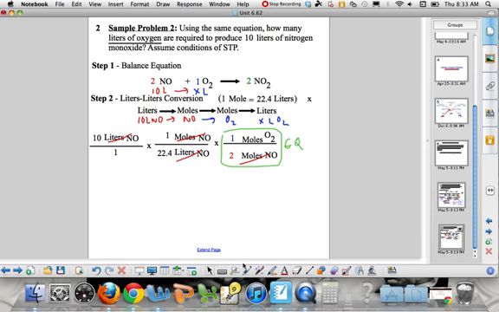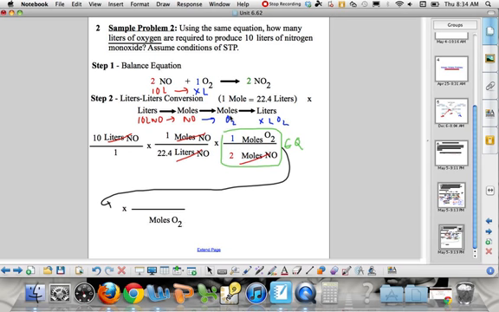I have to keep going. I have to do one more step. So we take this down to the next level and do our final step. I'm converting my moles of O2 back out into liters. So I have to multiply by a conversion factor again. I had moles of O2 up on top, so I'm going to put my moles of O2 on the bottom.